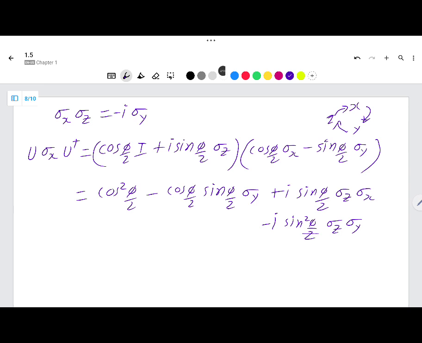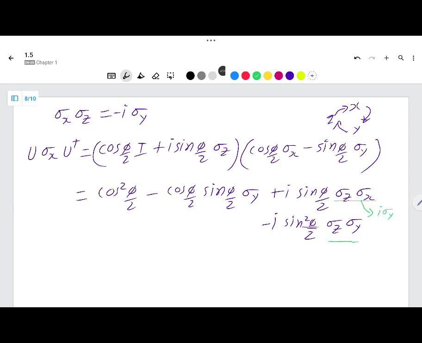Sin square pi by 2. Okay, fine. So we can again use the identity here. Okay, so we can make some changes here again. This zx will give me i sigma y.